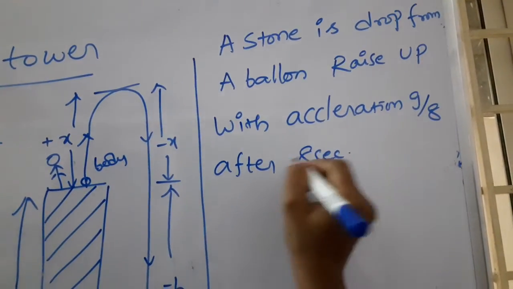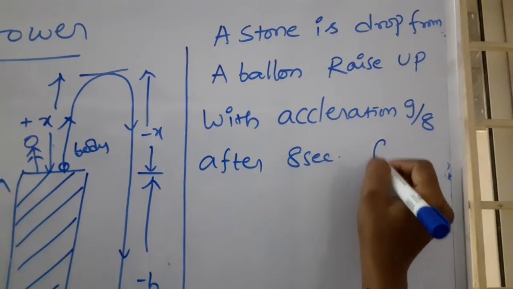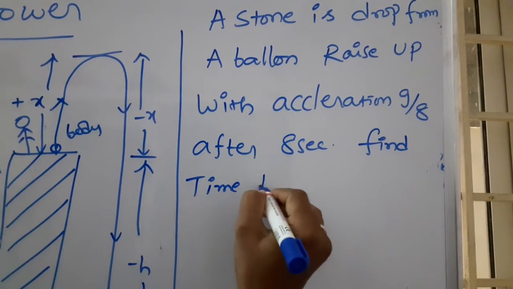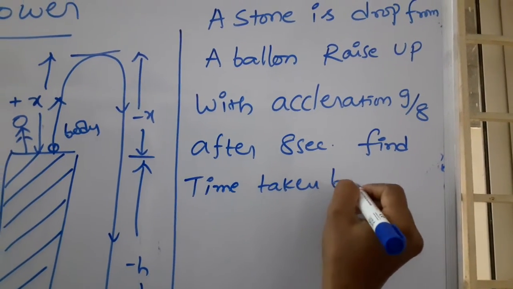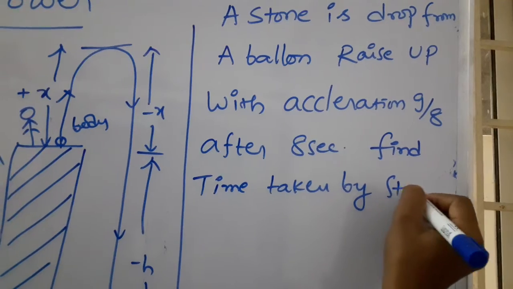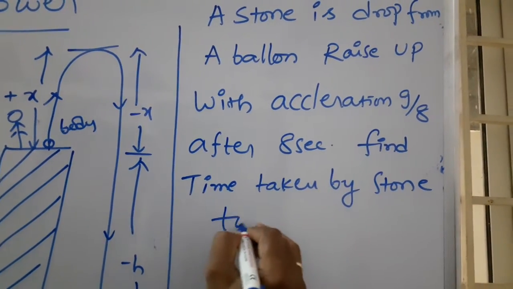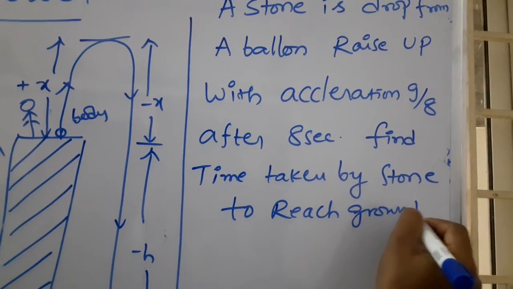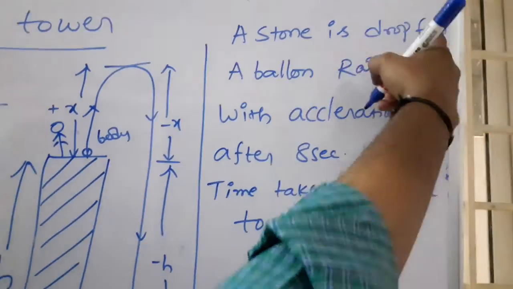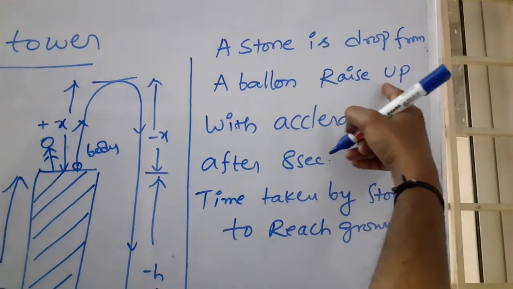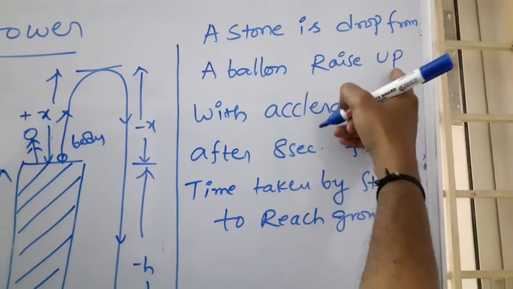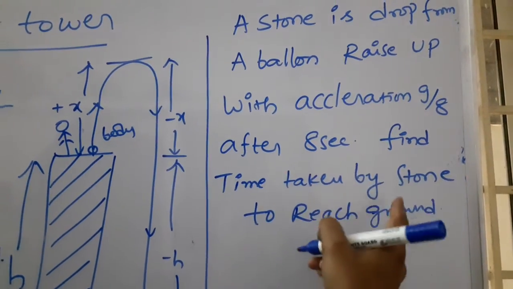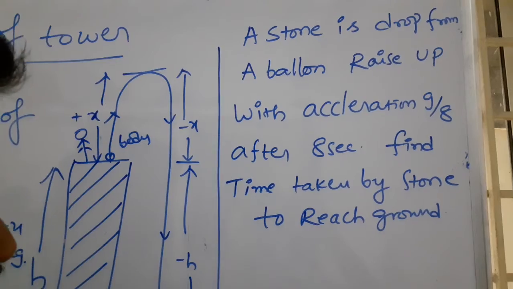Find the time taken by the stone to reach the ground. A stone is dropped from a balloon. After raising with acceleration g/8 after 8 seconds, then find the time taken by the stone.